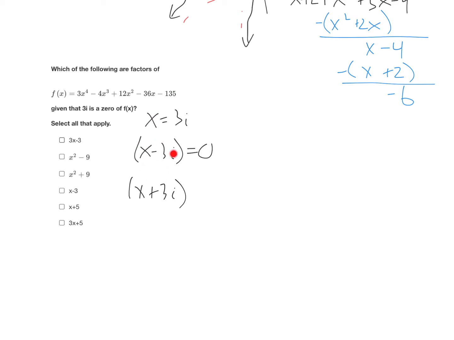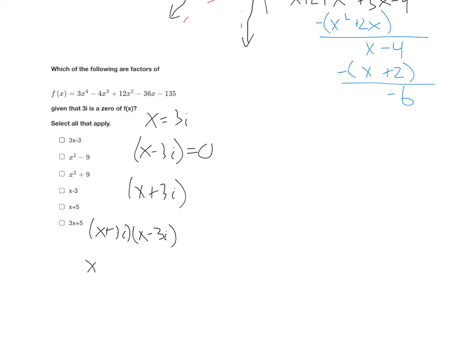But before I divide, I would like to get these two to be simpler, and I would actually multiply these together to get rid of the i's. So let's go ahead and do that here. We're going to have x plus 3i times x minus 3i.